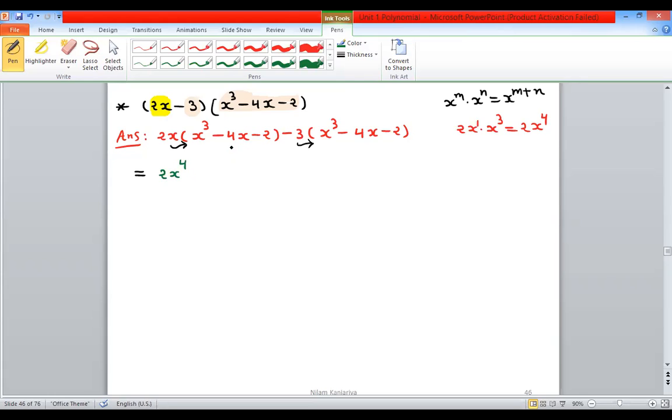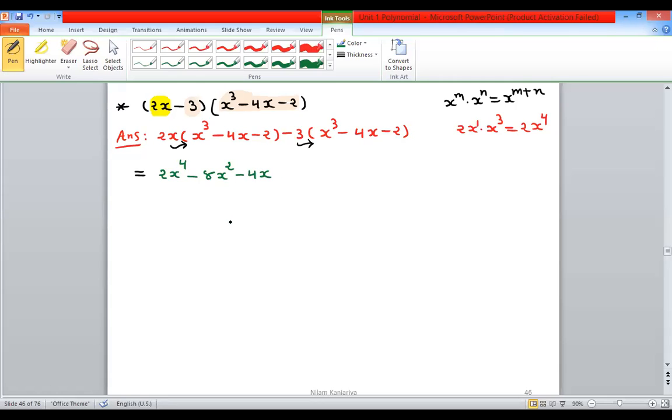2x is multiplied by 4x. What happened? Anyone? Plus 8x raised to 2. Right, 8x square. x into x is x square. Move on. Next term is what? Minus 4x. Right, it is minus 4x.